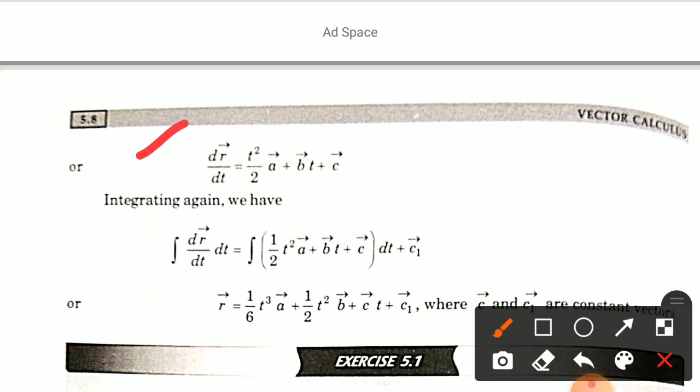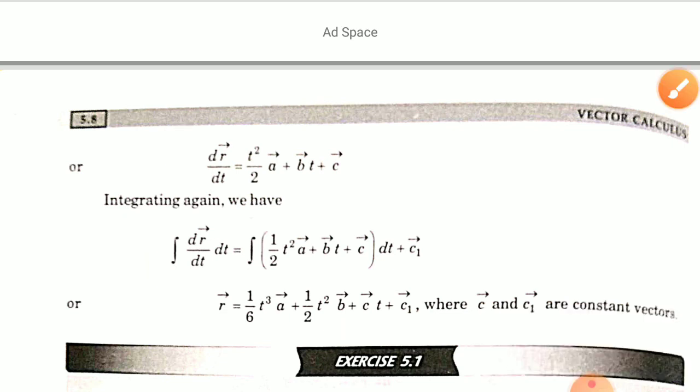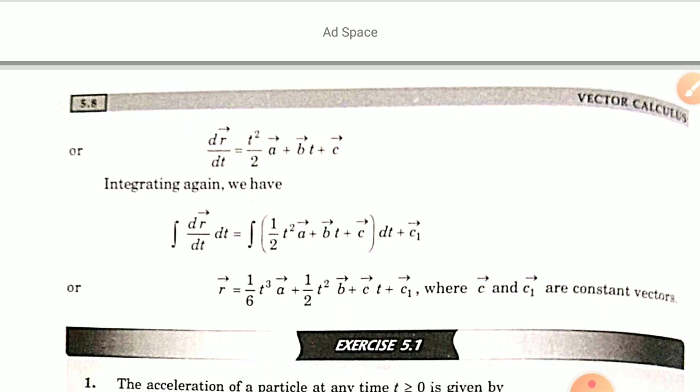Again integrating, we have the value of r is equal to 1 by 6 t cube a plus 1 by 2 t square b plus ct plus c1, where c and c1 are constants of integration and also constant vectors.